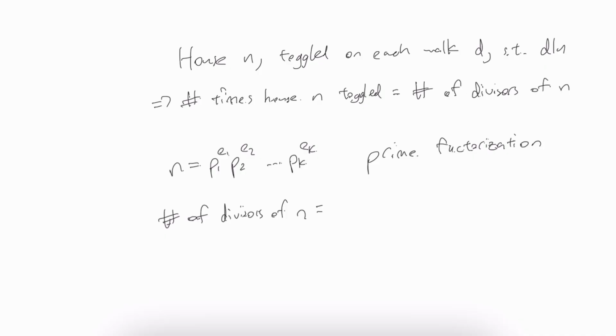Then the number of divisors based on this is actually just (e1 plus 1) times (e2 plus 1) times (e3 plus 1), all the way multiplied to (ek plus 1).